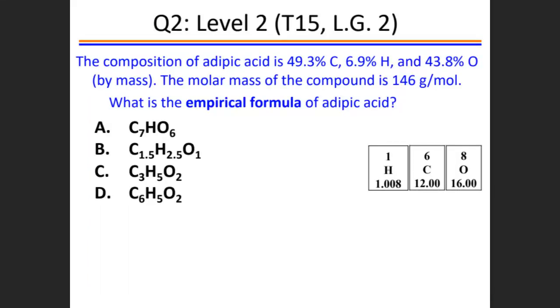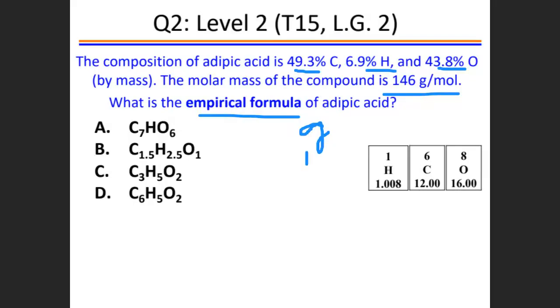The composition of adipic acid is this percent, this percent, this percent by mass. The molar mass of the compound is given. What is the empirical formula? Okay, so you have to do percent to gram first, then gram to mole, and mole to mole ratio.